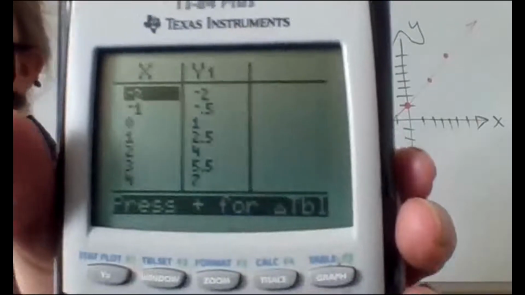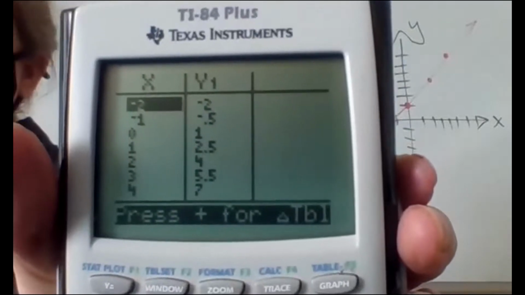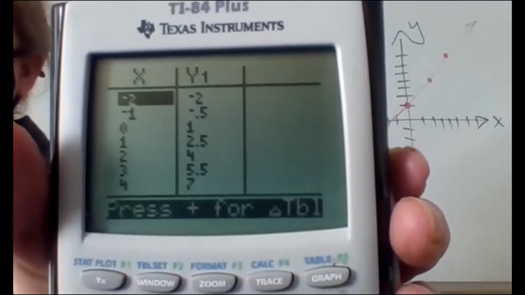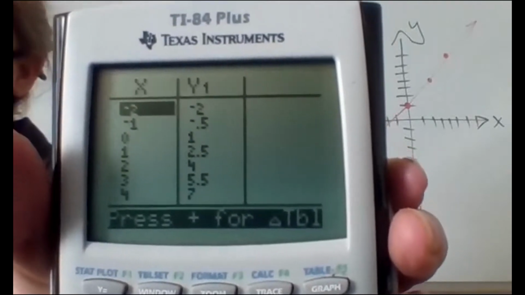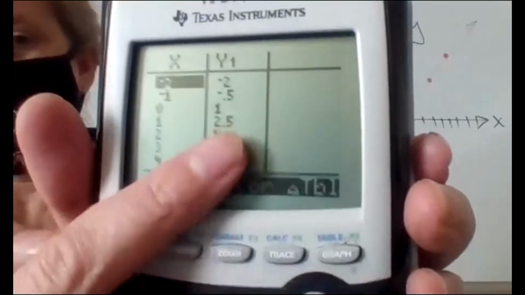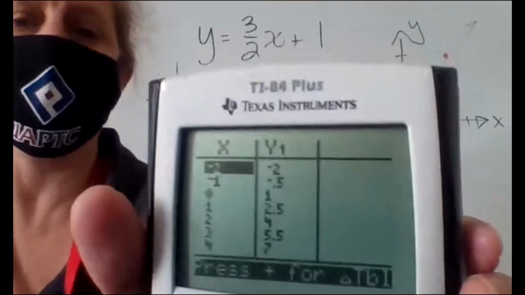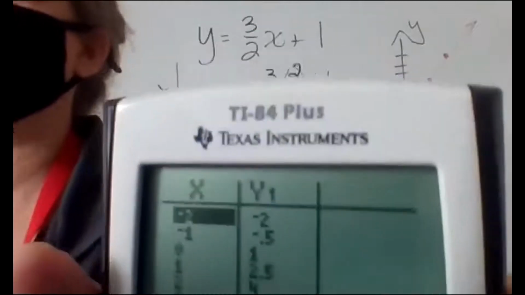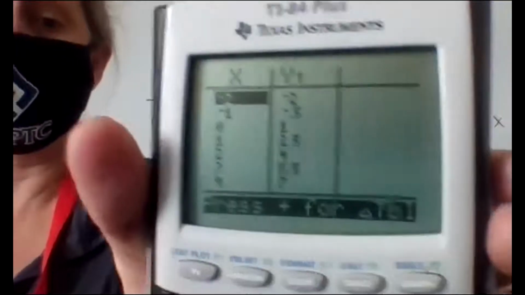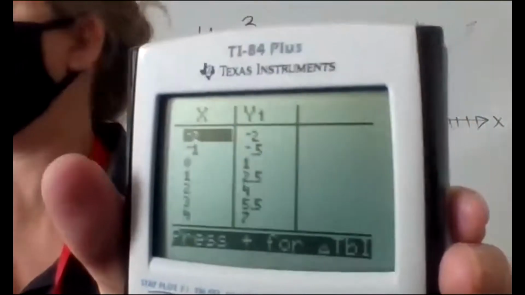You want good whole number points, which means I don't want these 2.5 points. Sometimes you can't avoid that, and that's fine, but most of the time you can avoid it because you can just scroll up and down till you can find one that doesn't have a decimal.